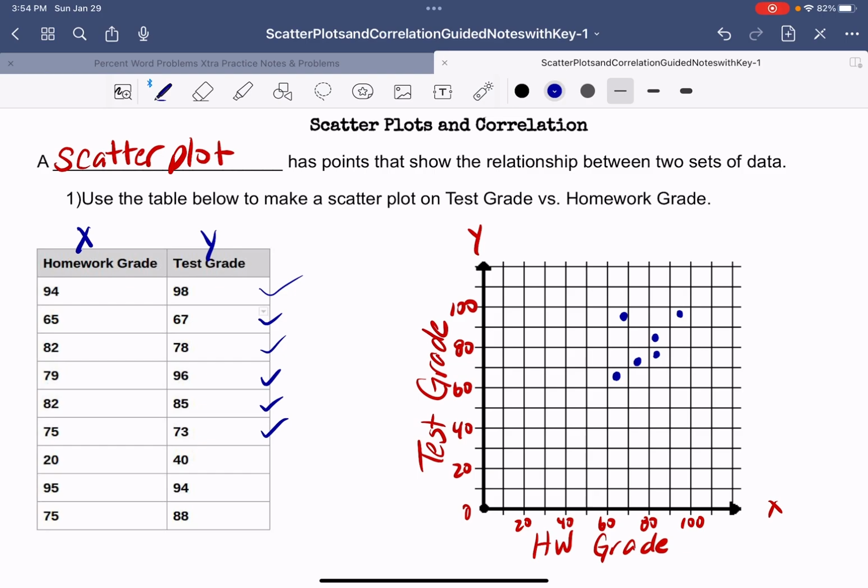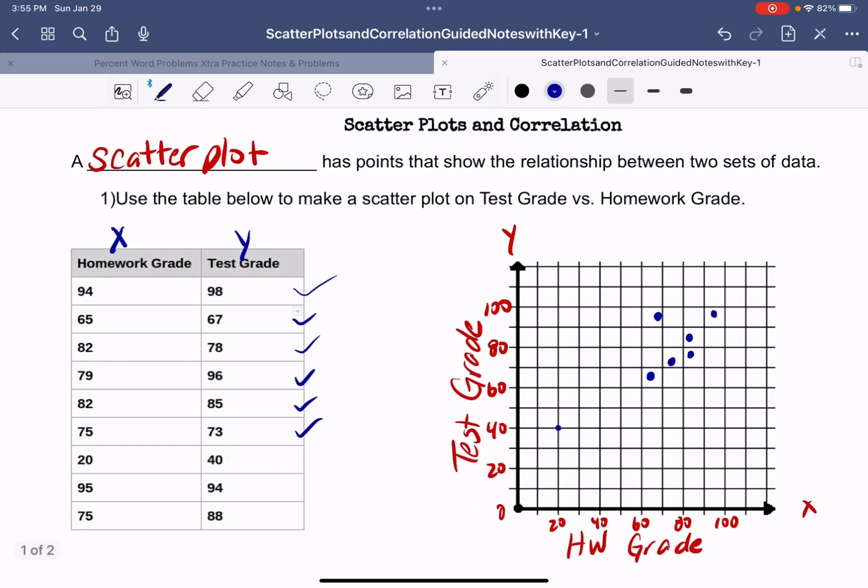Ooh, 20 and 40. So 20 and 40 would put us right here at this dot. 95 and 94. So I'm going to go over to 95 and go up to 94, somewhere right here. And the last one is 75, 88, somewhere right here.